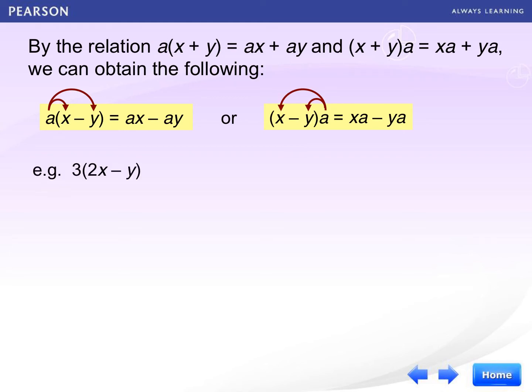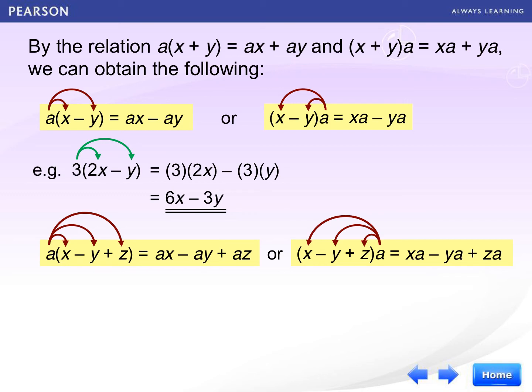For example, 3 times bracket 2x minus y. You can multiply 3 to the two terms inside the brackets. So it becomes 3 times 2x minus 3 times y. So the result is 6x minus 3y.